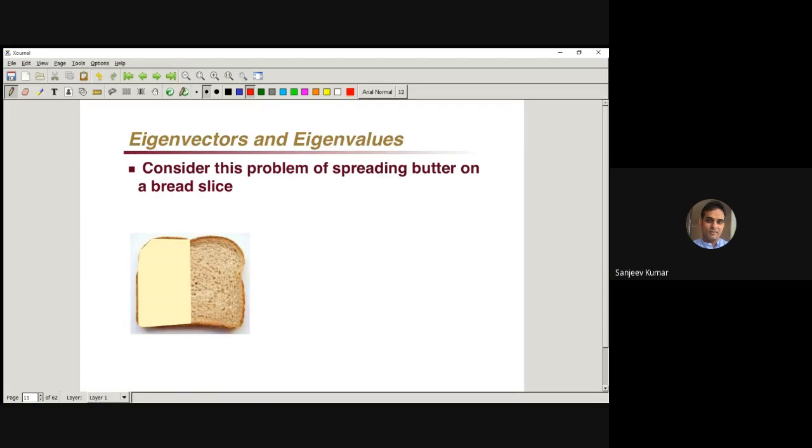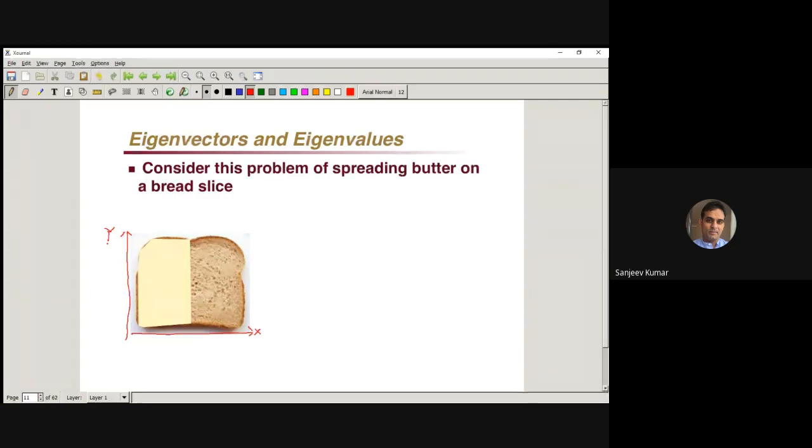So just look at this picture. Say it is a two-dimensional plane, x-axis and y-axis, and there is a piece of bread whose left half is covered by butter.